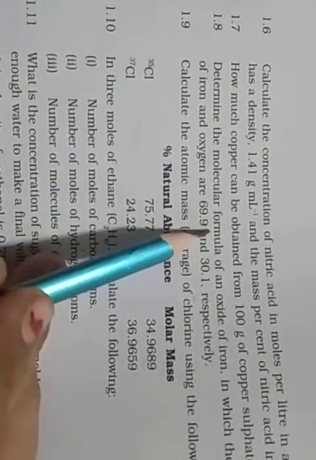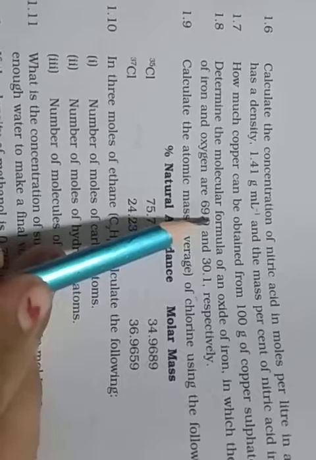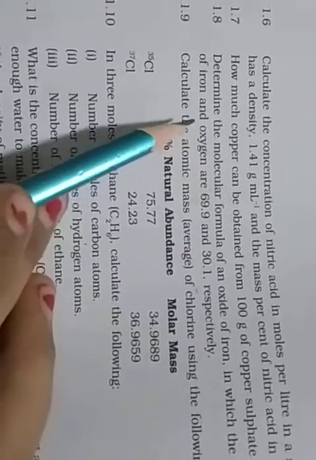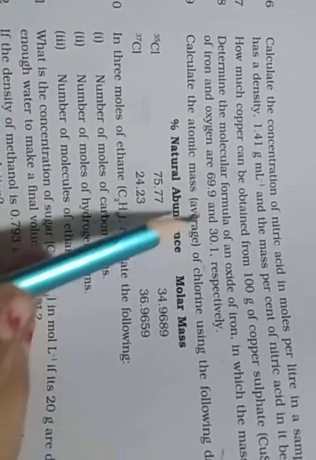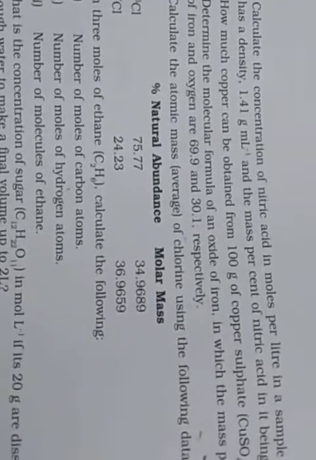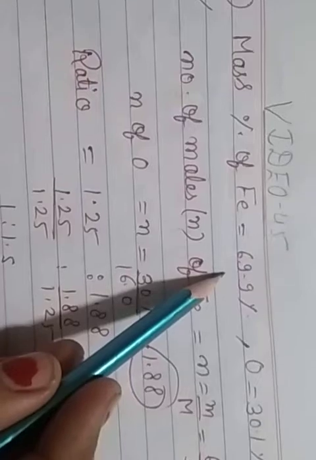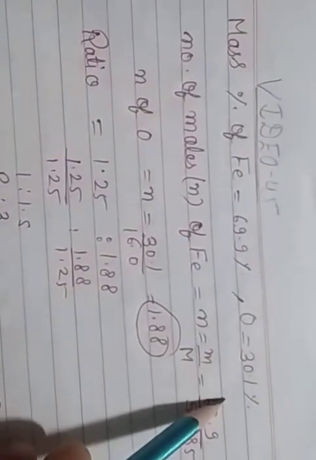Determine the molecular formula, that means we have to find the formula. Given iron and oxygen mass percentages, iron is 69.9% and oxygen is 30.1%.